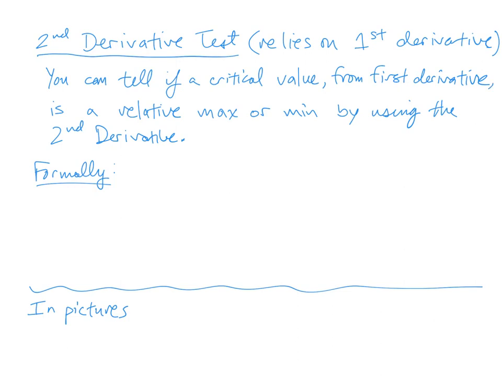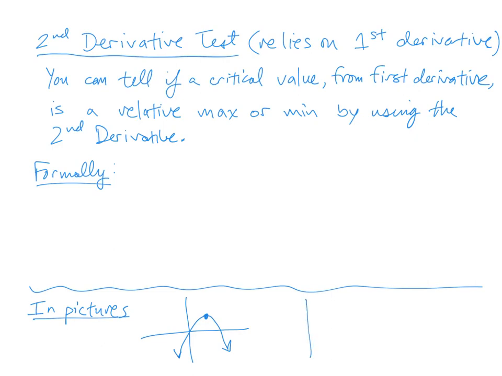And in pictures, what that would mean is if you have a critical value that you knew of from the first derivative, like you went through and found the critical values of the first derivative, and that critical value happened to be on a piece that was concave down, then you would have a maximum.